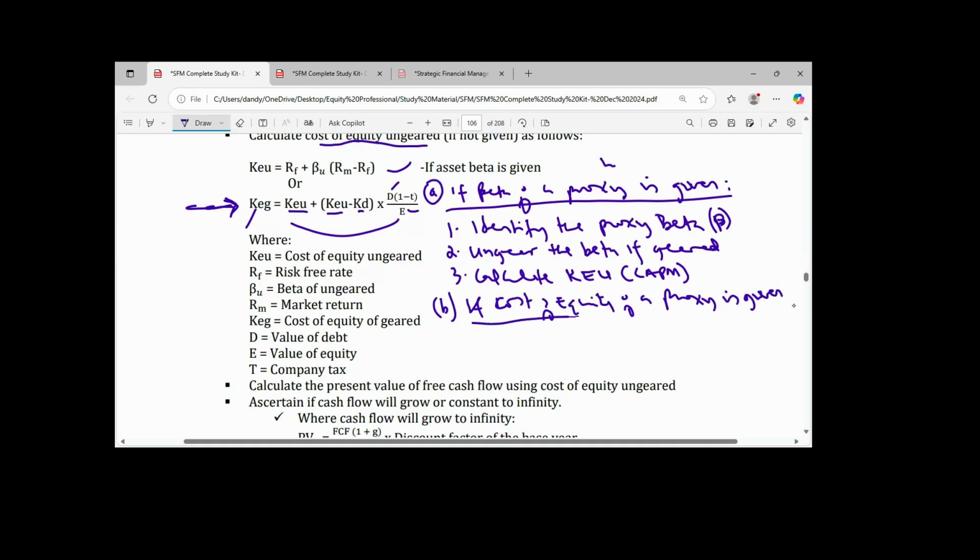So if you are given cost of equity of a proxy, like I said, you are going to use Miller and Modigliani formula, which is cost of equity geared equals cost of equity ungeared plus, open a bracket, cost of equity ungeared minus cost of debt, multiplied by debt value into 1 minus tax, all divided by equity value. So this is the Miller and Modigliani formula.